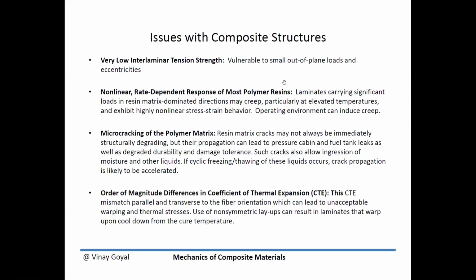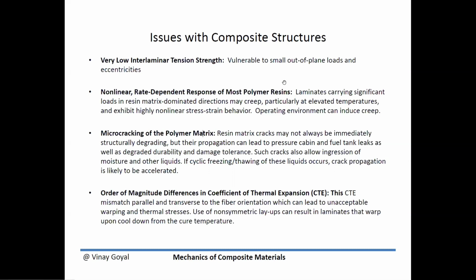We also know that there are some nonlinear rate-dependent responses for many polymer resins. Laminates carry a significant amount of the load, and the resin matrix dominated directions may creep. That's particularly a potential issue for elevated temperatures.